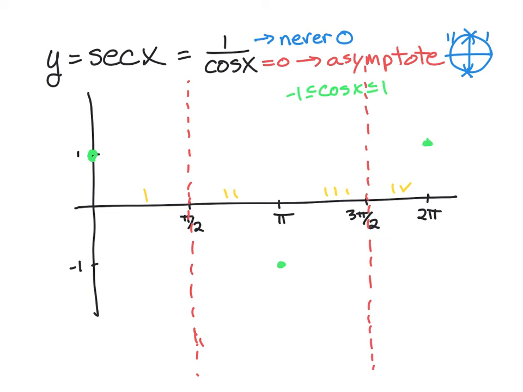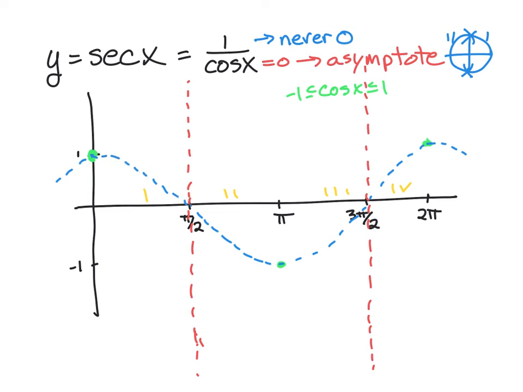Now, I want to show you something really quickly. The cosine would have looked like this. But all of those values are getting flipped. So you see 1 divided by 1 is positive 1. These numbers get smaller, go down to 0.